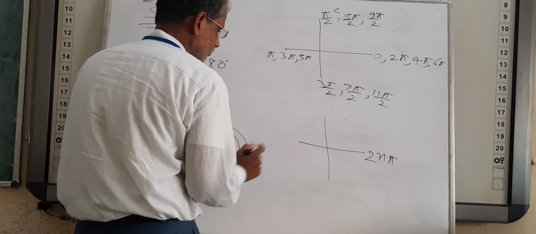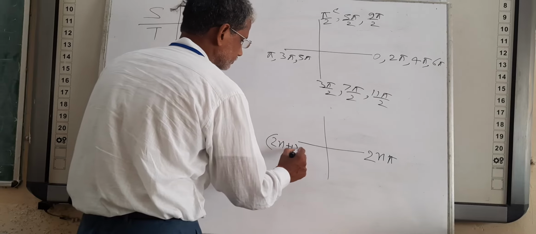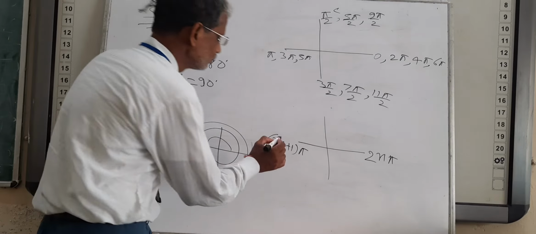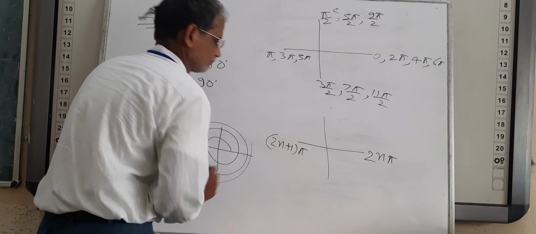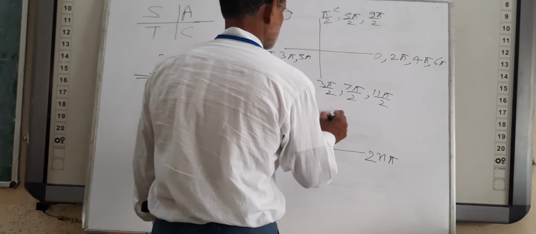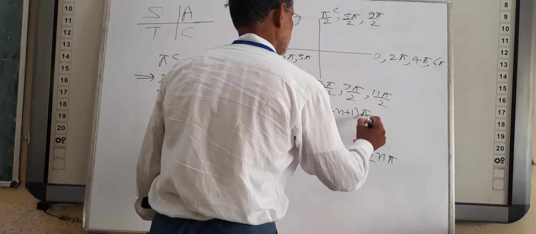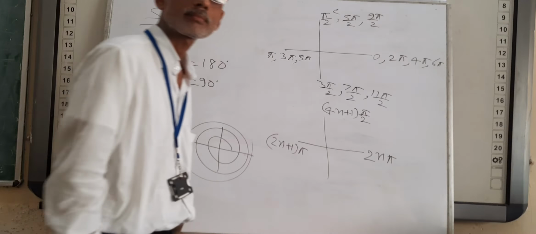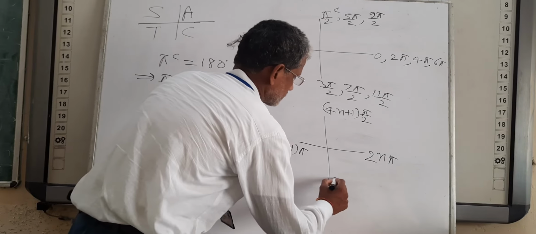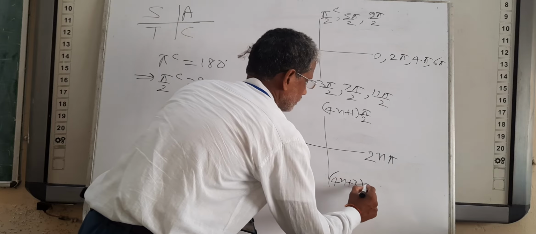This point can be written as (2n plus 1) pi, that is odd pi. (2n plus 1) pi. This point can be written as (4n plus 1) pi by 2, and this point can be written as (4n plus 3) pi by 2.